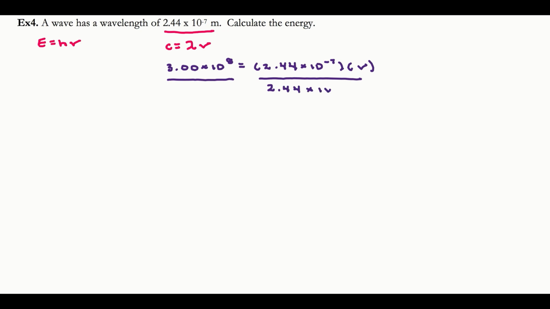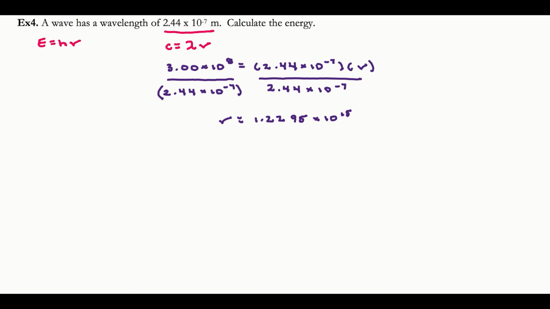Do keep in mind when you are dividing with your calculator to put the 2.44 into parentheses in your calculator, just to remind you. Okay? And what I get unrounded, and I'm going to keep it unrounded, is 1.2295, and I'm going to leave it there because the next digit is 0, times 10 to the 15th.